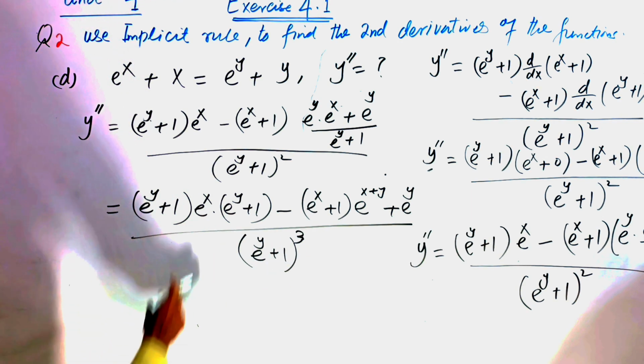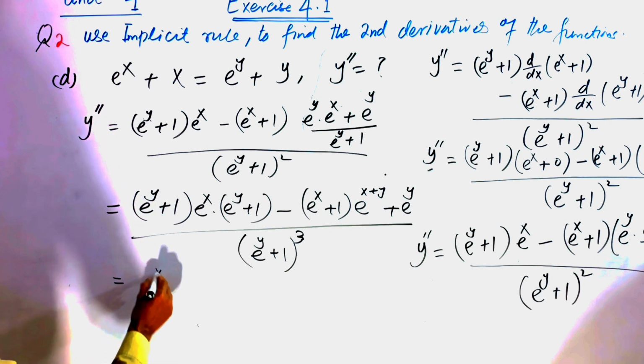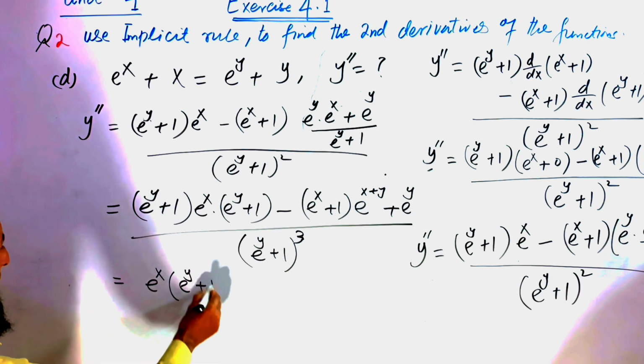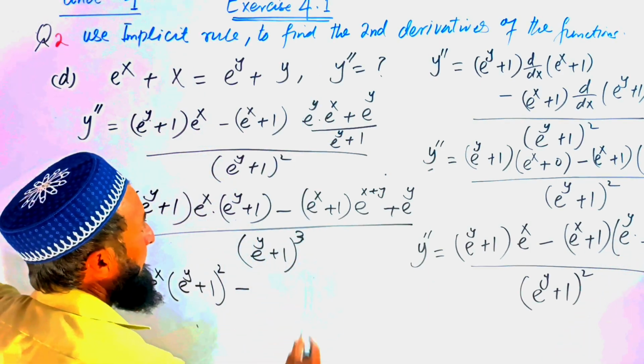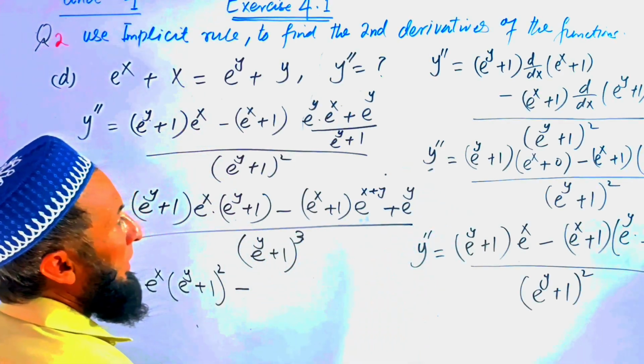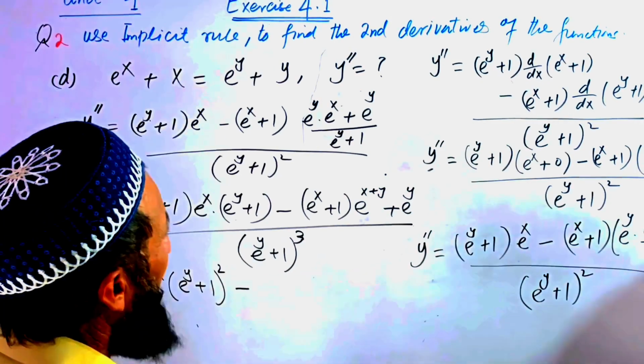Now we multiply this result, e power x into e power y plus 1 whole square, minus e power x, both multiplied by this result.